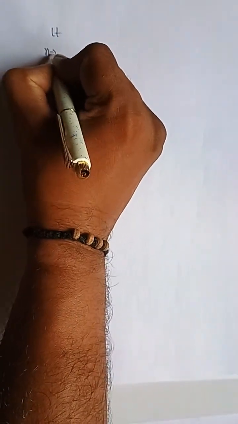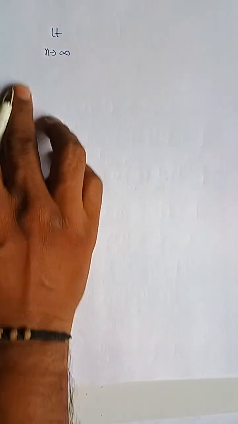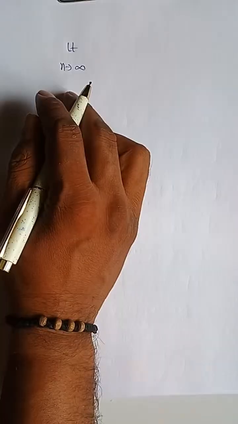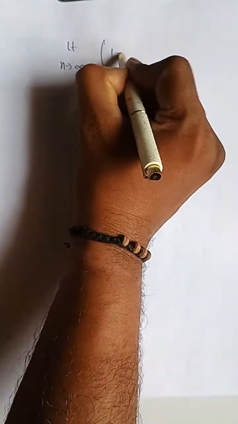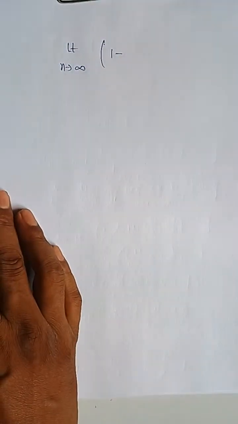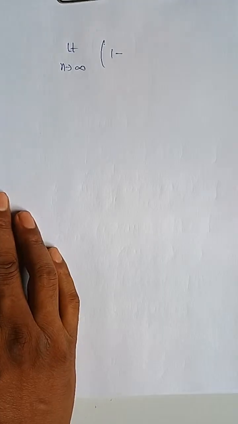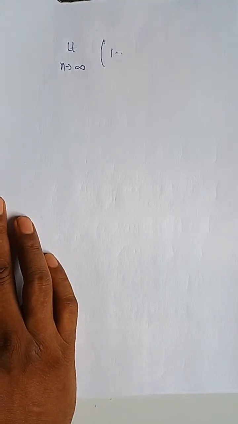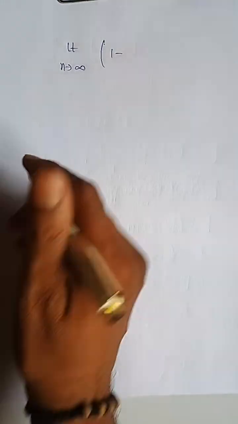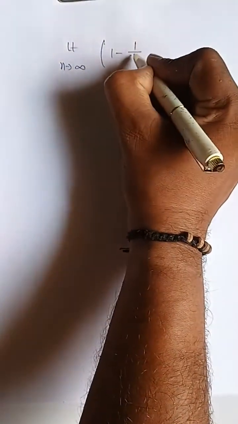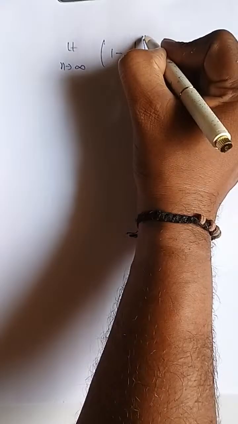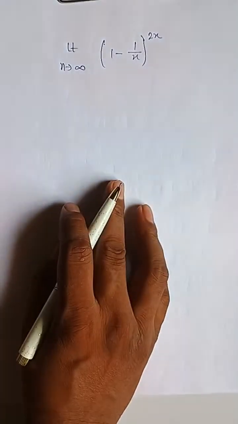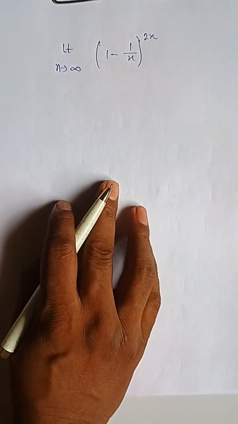Limit n tends to infinity, and we have 1 minus 1 by x power 2x. Power is what? 2x.